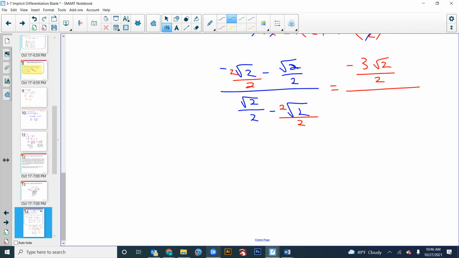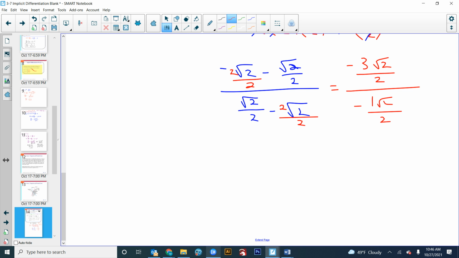All right. What's radical 2 over 2 minus 2 radical 2 over 2? If you have 1 radical 2 over 2 and you take away 2 radical 2's over 2, -1 radical 2 over 2. Flip and multiply?